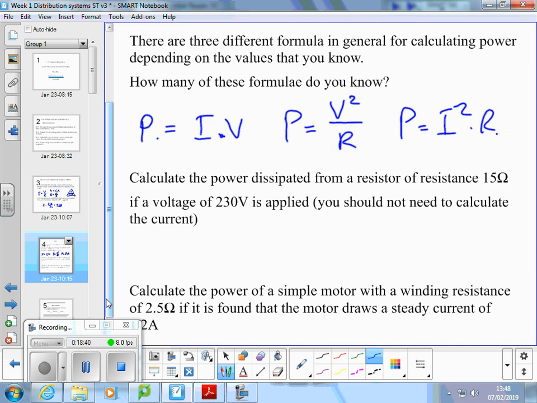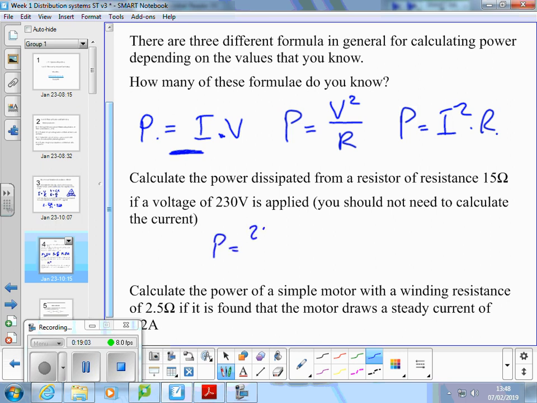So if we want to calculate the power dissipated from a resistor of resistance 15 ohms, if 230 volts is applied, you could calculate the current and then multiply it by the voltage. But the easiest way is to use what you've been given.